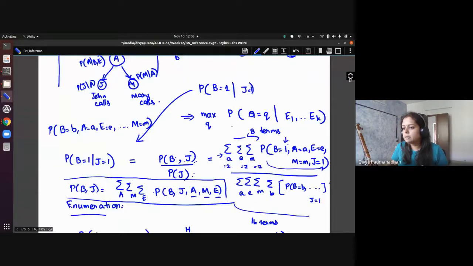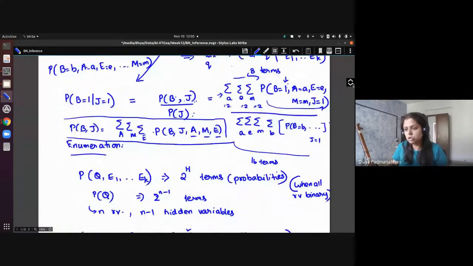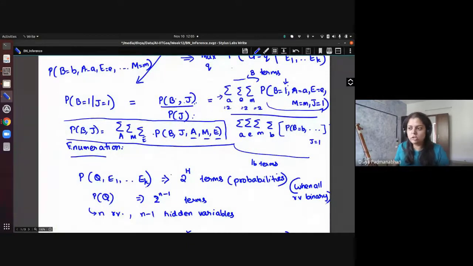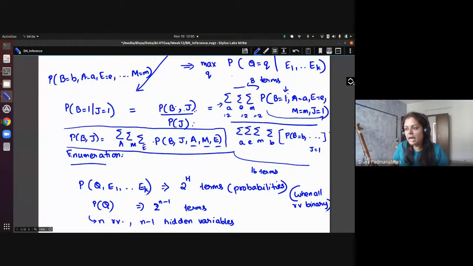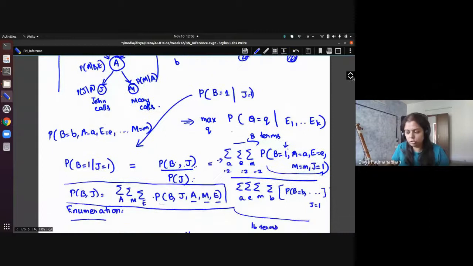One way to do this evaluation was to enumerate all the values of the hidden random variables, because the Bayes net structure gives you a way to compute the joint probability over all the random variables in your network.